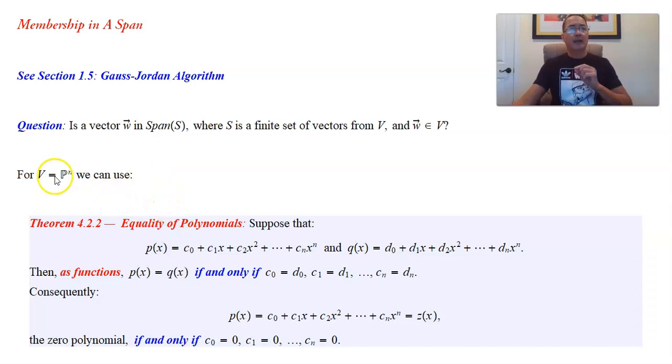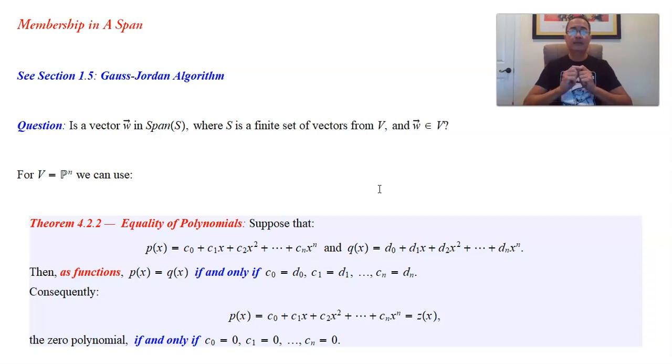All right, so if we stay in Pn, we can use the following rather powerful theorem, although it almost looks obvious. It talks about the equality of polynomials. Suppose that P of x is the linear combination C0 plus C1x through Cn x to the n, and Q of x is D0 plus D1x through Dn x to the n.